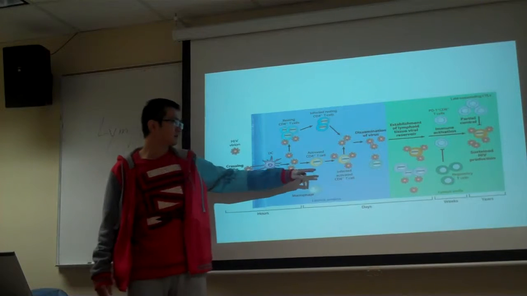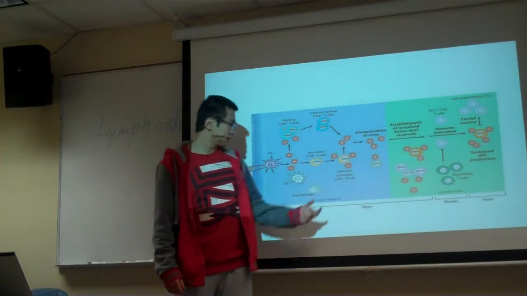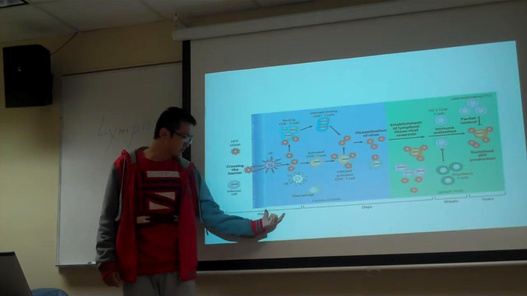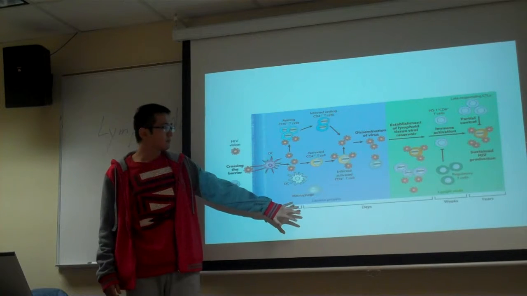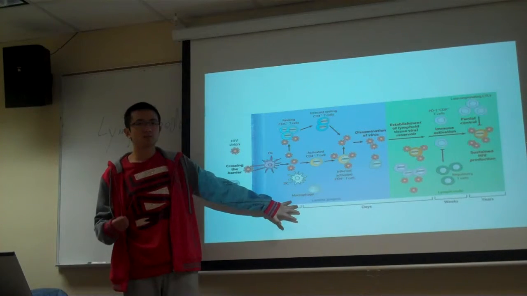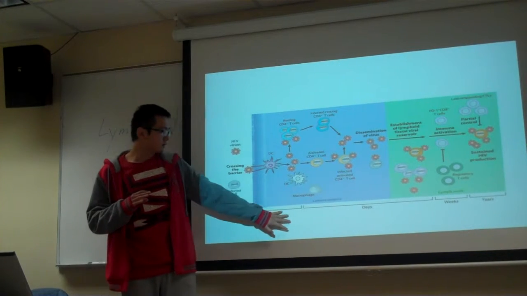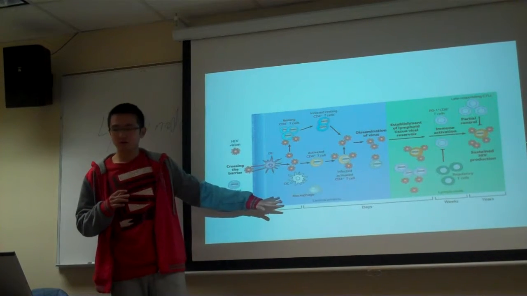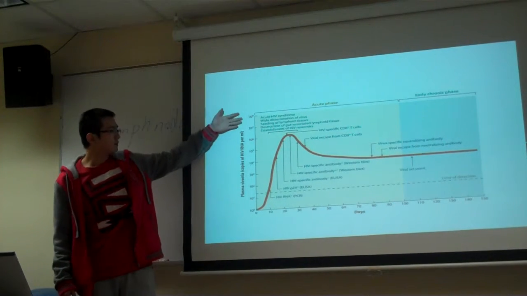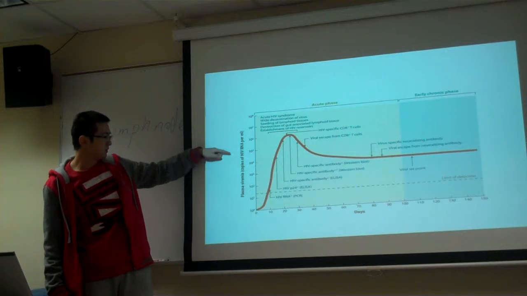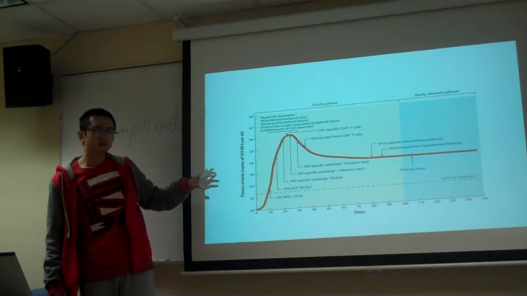Then the HIV virus will be released by the infected T cells. Notice here's the time: hours, days, weeks, and years. Our immune system won't be activated in days. The y-axis means the copies of HIV RNA.